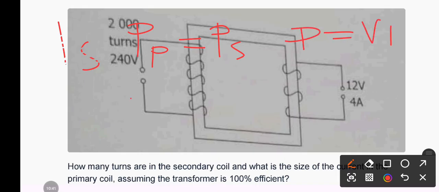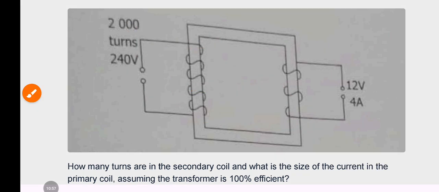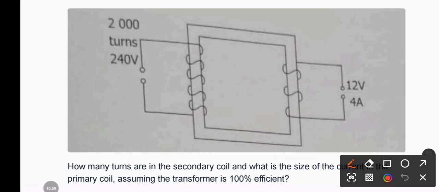So we have that IP VP is equal to IS VS, because there is no loss in power. Therefore, this is the formula that I will use. IS VS is equal to VP IP.